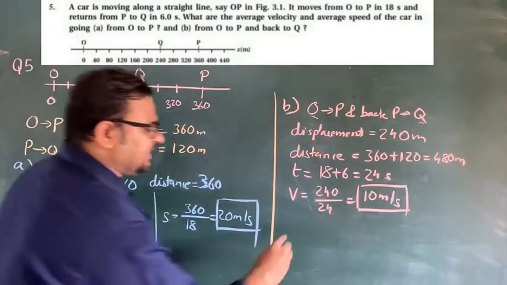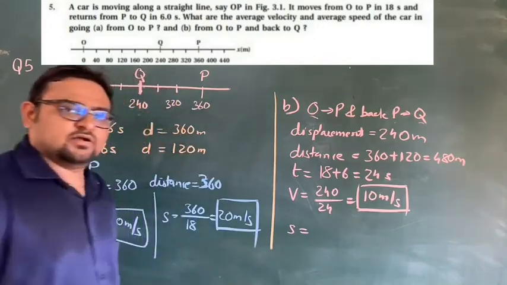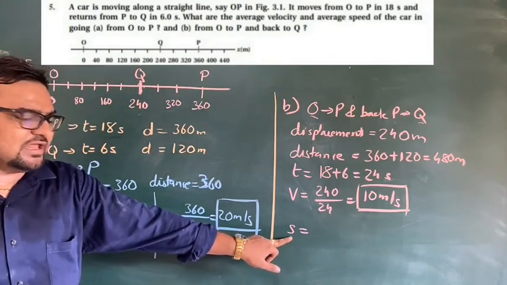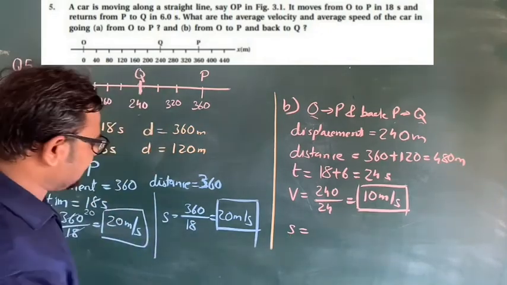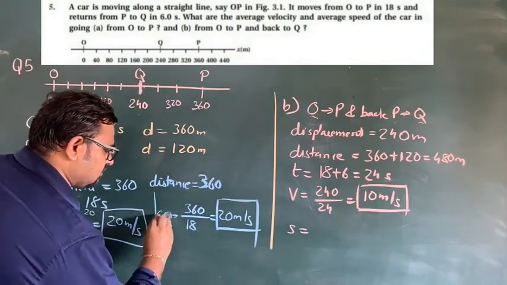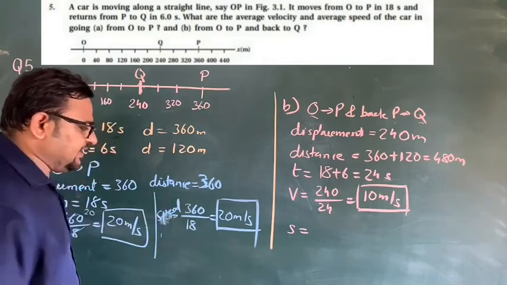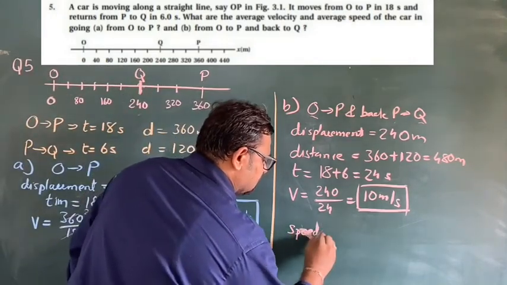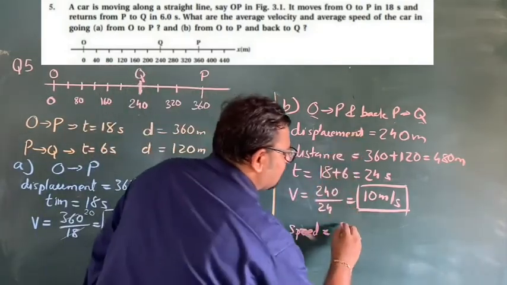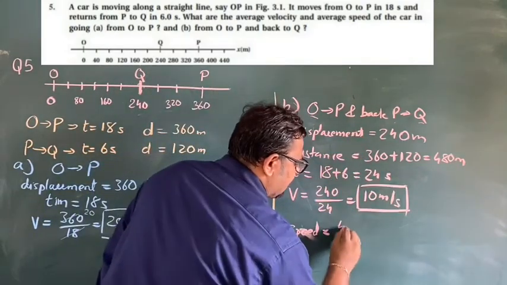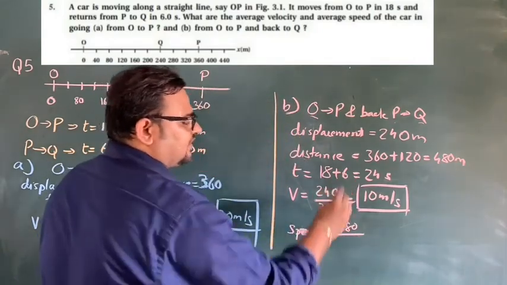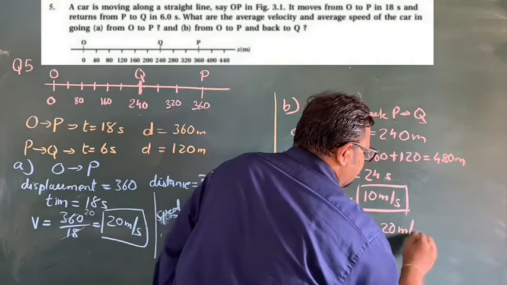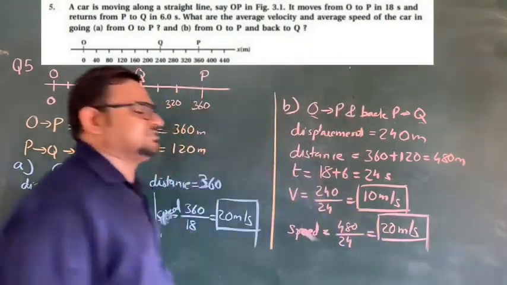And speed, I have taken symbol S for speed here, but in general we take symbol S for displacement. Speed will be equal to distance. What is the distance? 480 upon time 24. So this will be 20 meter per second.